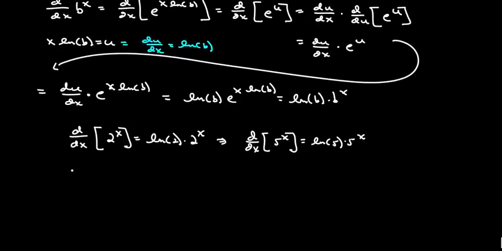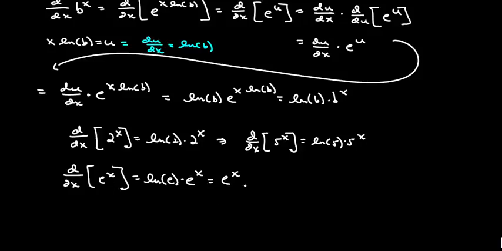And now we can check: if we take d dx of e to the x, that's just equal to the natural log of e times e to the x. And we know the natural log of e is 1. So this is just e to the x. Hence, the derivative of e to the x is its own derivative.